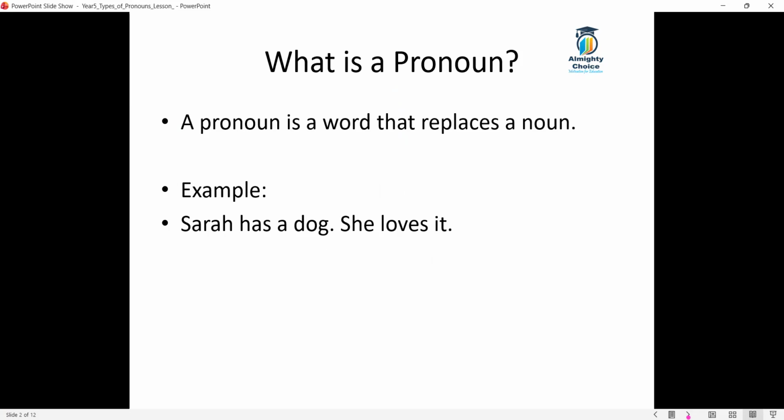Instead of repeating Sarah and dog, we use she and it. That makes the sentence sound smoother. As we know, she replaces Sarah and it replaces dog.